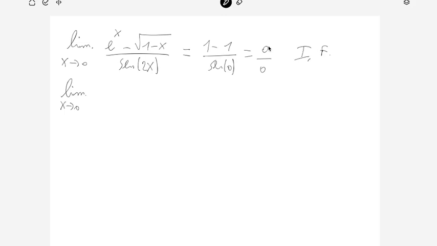So first check that you have an indeterminate form. If there is not an indeterminate form, the limit is solved, you know the result. If there is an indeterminate form, maybe you can try the L'Hopital.